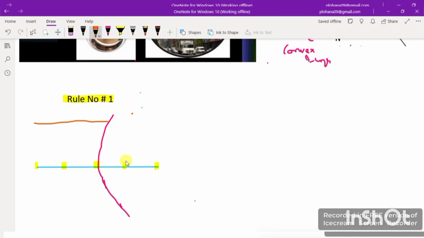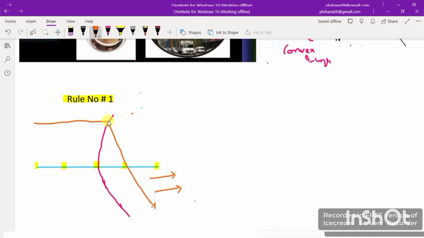In the direction of this principal axis, because the principal axis direction is this, and the line which is parallel to its direction is this. So this is parallel, right? So which is going parallel to this will always pass through what? Will always pass through the focal point, right?